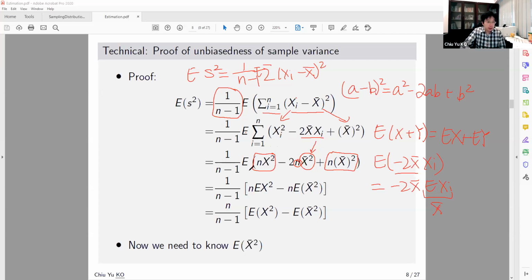And then put it in, you can see the x bar squared n times, minus n, so that's why we have minus n, and n can be taken out, so this will be the same as this. So the same n is taken out here as a common factor, so we have n over n minus 1, you have this guy. Is that okay for this one?